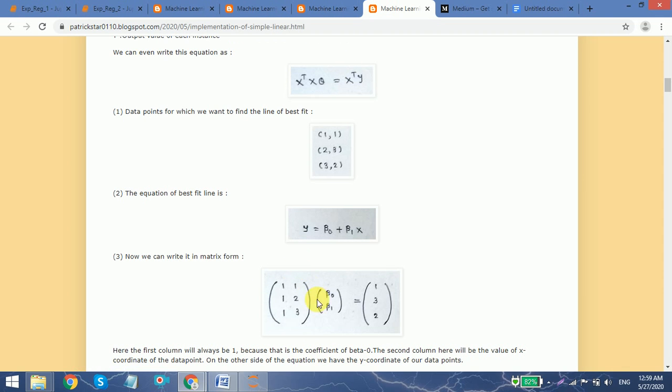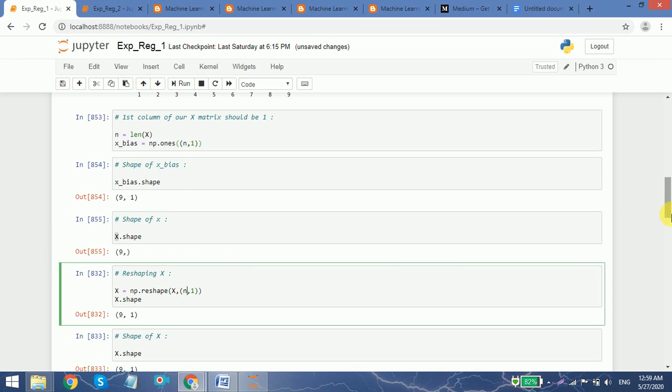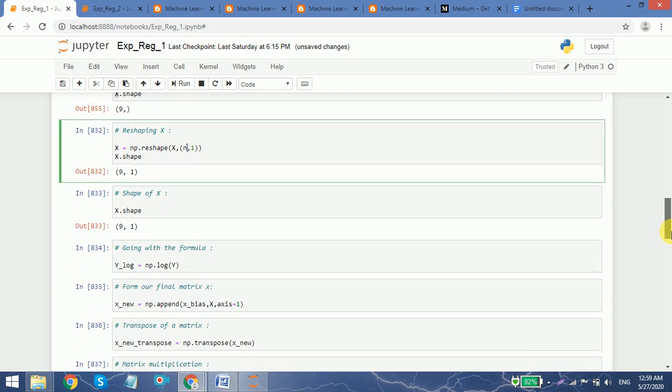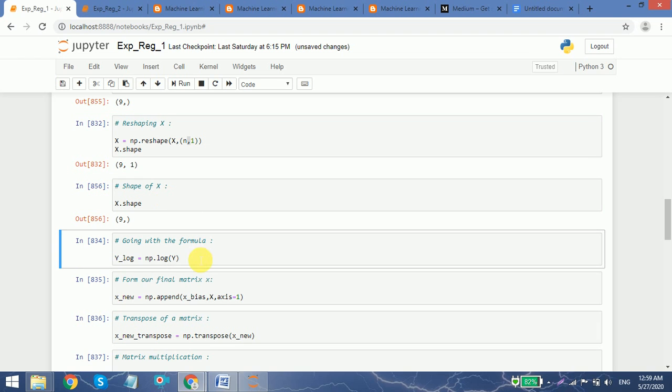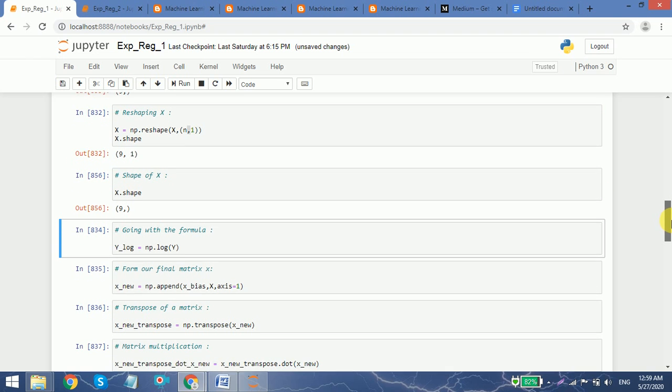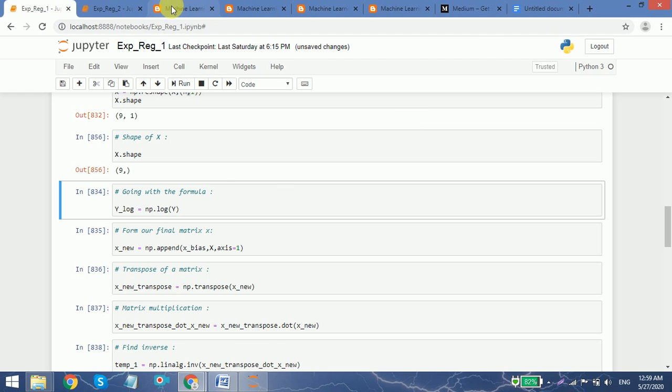You can see here we have appended the x data points with the vector 1. For that we need to reshape our data to 9 comma 1, or the length of our elements in x comma 1.